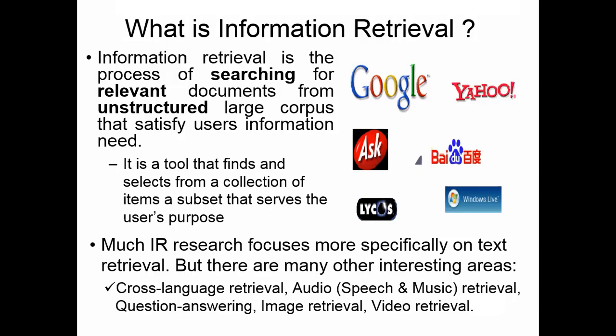I can't design one system that can manage all the different types of data because internally the content is different. How can you define text? Text is nothing but a series of characters that are organized to form words, a series of words that are organized to form phrases, a series of phrases that are organized to form sentences.